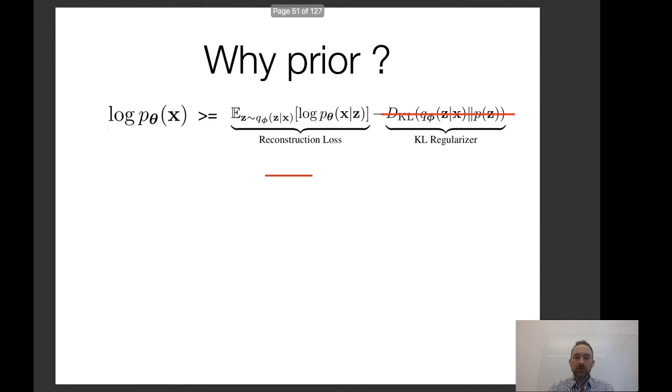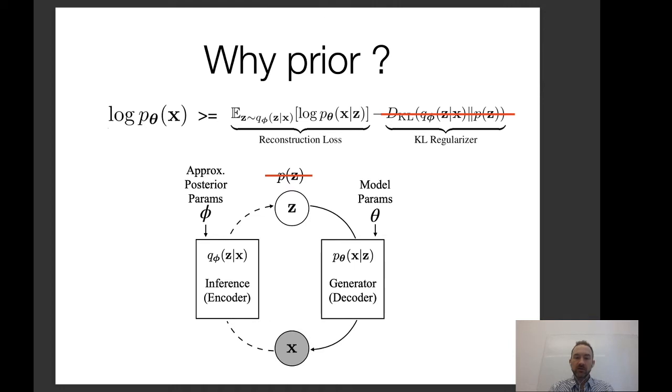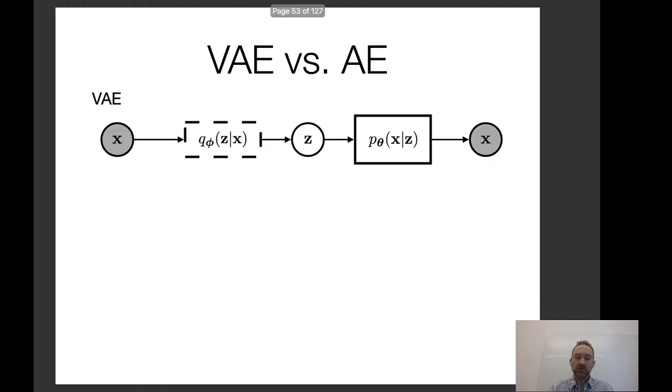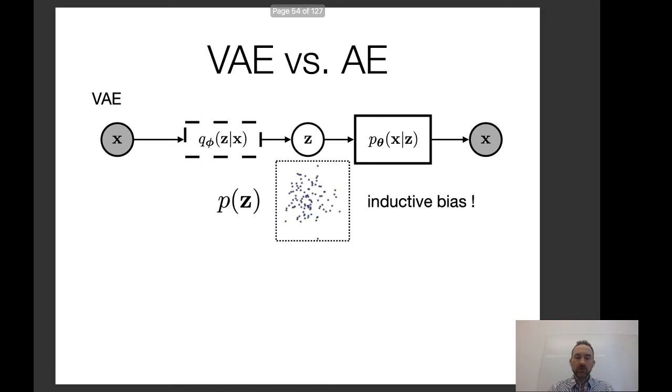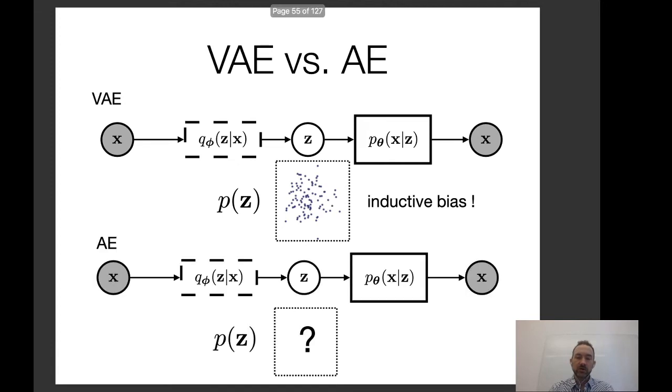And why would we want to do this? Let's assume that we don't have this KL regularizer now. Essentially, we have no constraint on what the space of the latent variables looks like. In contrast to a normal autoencoder, we have the VAE that encourages the latent space to look a particular way. Whereas if we have a regular autoencoder with no kind of regularization here, we have no prior and we have no idea what the latent space will look like.